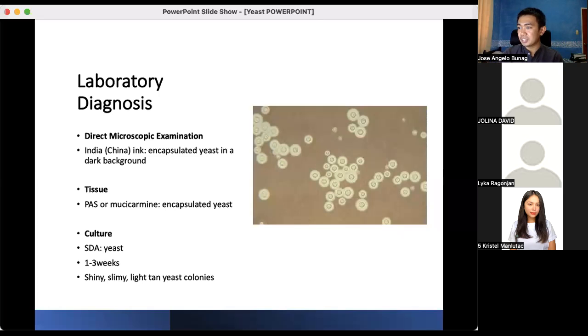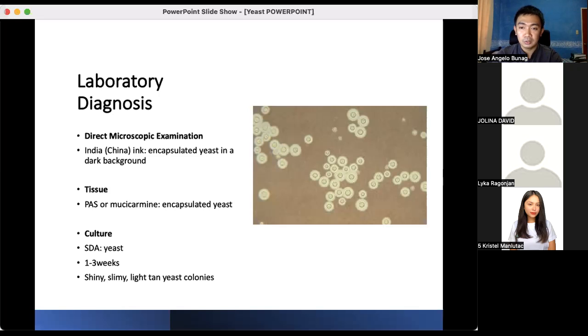Okay, so aside from India ink and Gram stain, you could also use other stains. I will just type in the different stains we can use. We have nigrosin. We also have periodic acid-Schiff stain.